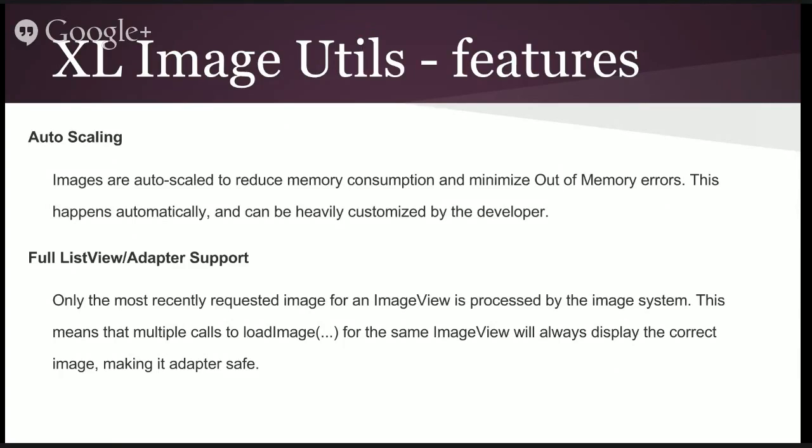My other favorite feature from Excel Image Utils is that it gives you a couple of nice methods in its API to prefetch images, which becomes pretty useful when you're showing long lists of images, for instance.